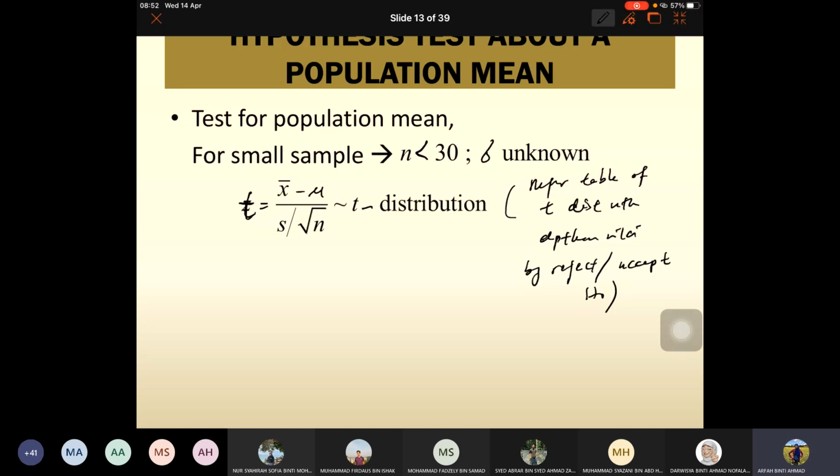For this type of case with small sample and sigma is unknown, hypothesis statement dia sama je, cuma yang berbezanya adalah test statistik. Kita akan guna T distribution, untuk tentukan di mana awak nak reject, dan di mana awak nak accept H null. Okay. Done lah with this one.